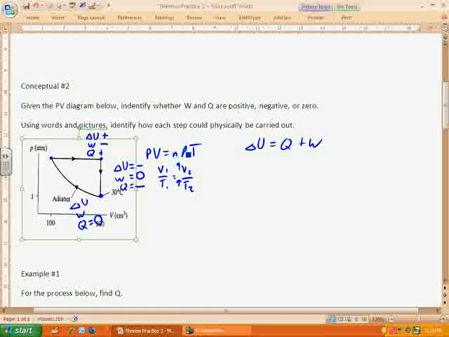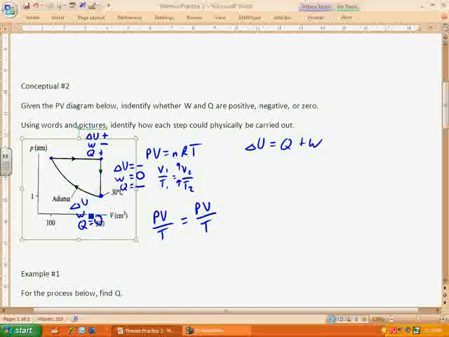If the n and the R are constant, that means that PV over T is going to have to equal PV over T. If you know that the isotherm is always less steep than the adiabatic, then you know that this is going to be gaining temperature, which means that you're going to have a positive delta U.